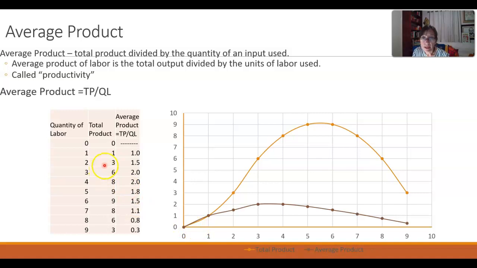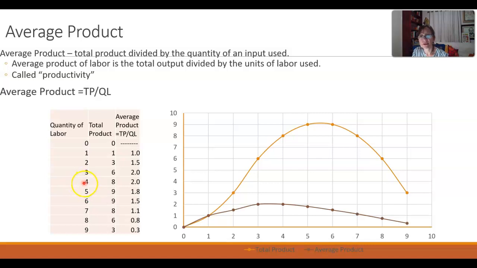So the average is 1.5. So 2 workers make 3 sandwiches, but if we were to average out the work, it would be 1.5 sandwiches each. Okay. Then 3 workers together make 6 sandwiches, right? But if we took 6 divided by 3, on average, they're producing 2 sandwiches each.